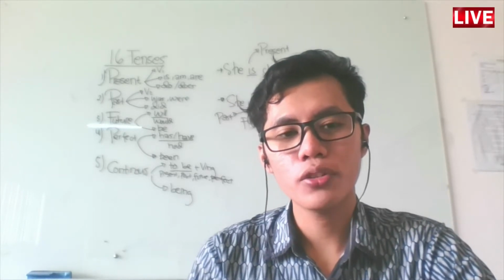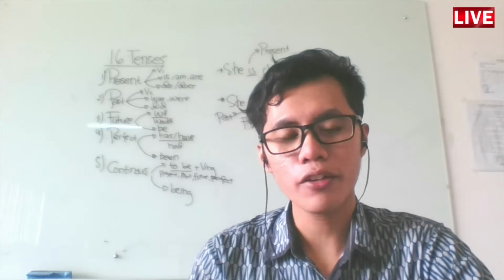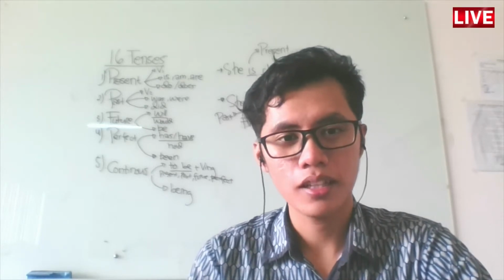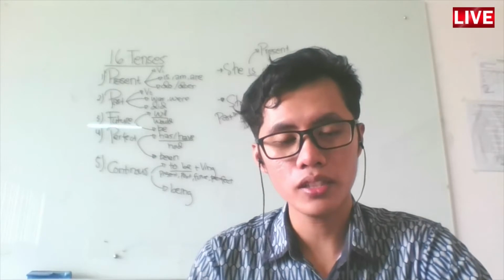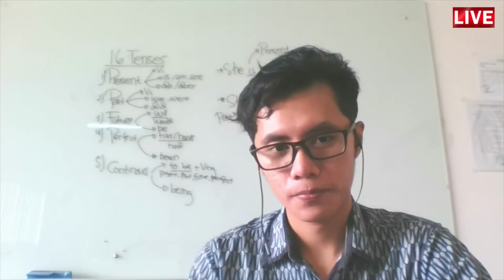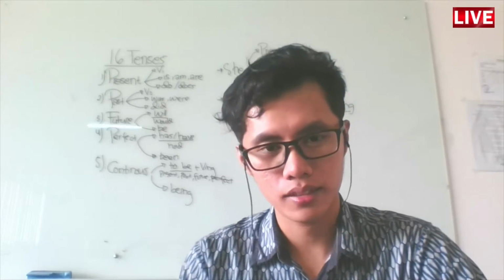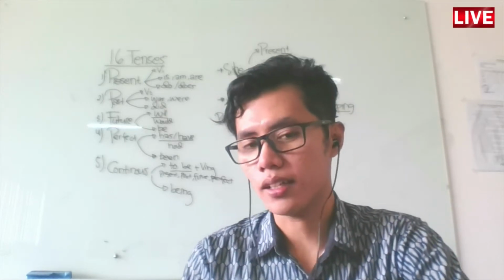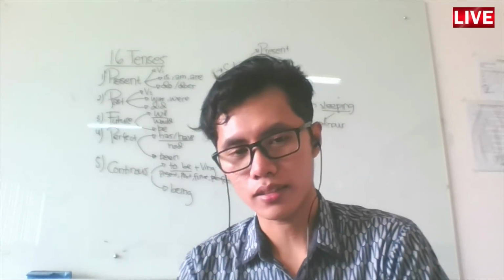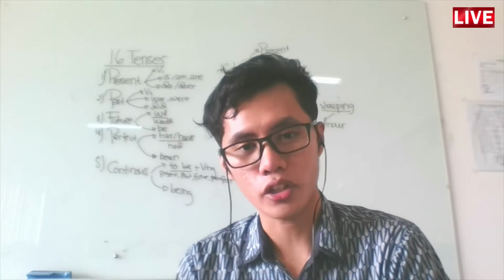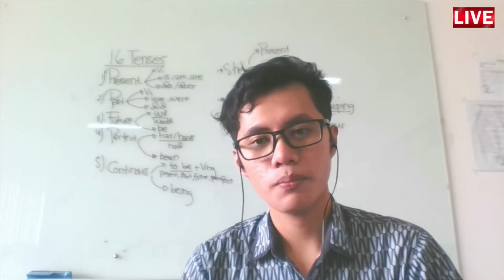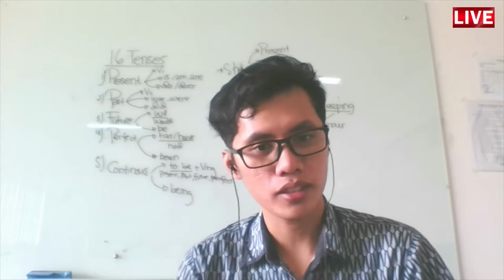Well, you have to know that every single tense has either present or past. We have 16, for example, simple present tense. That is a present there. And simple past tense. Okay, there is past there. And then present future perfect, there is present there.